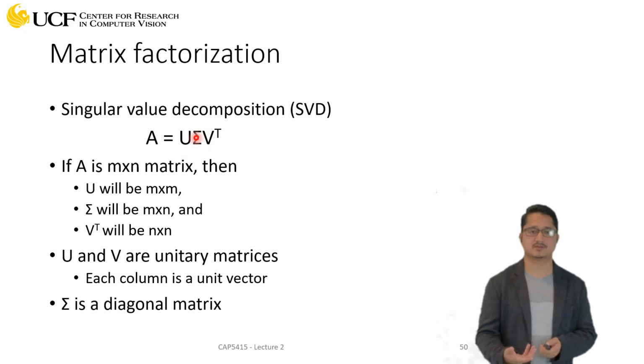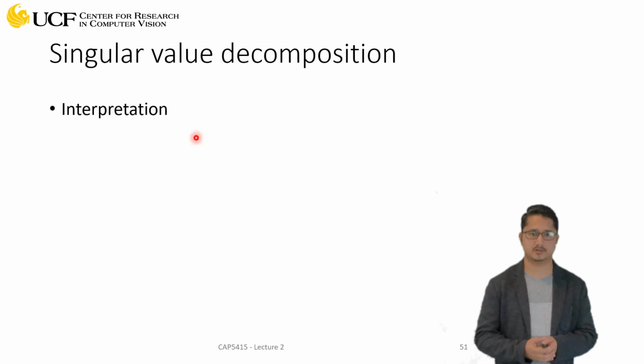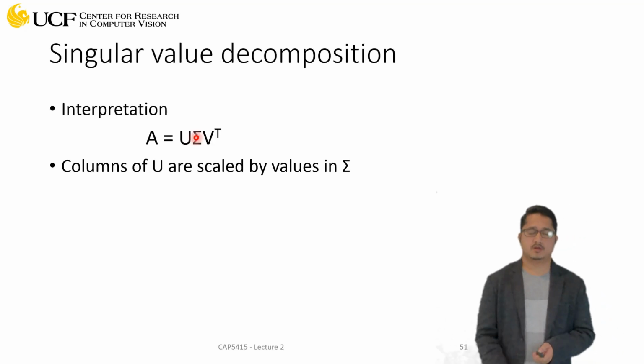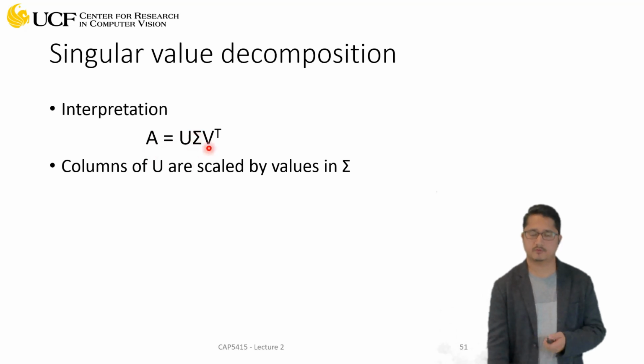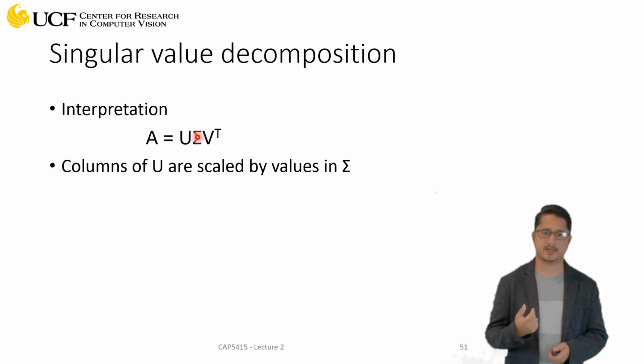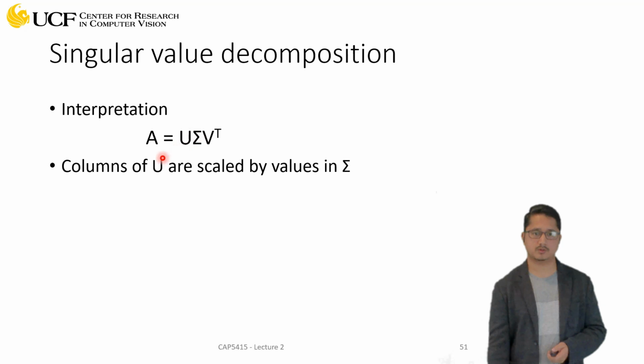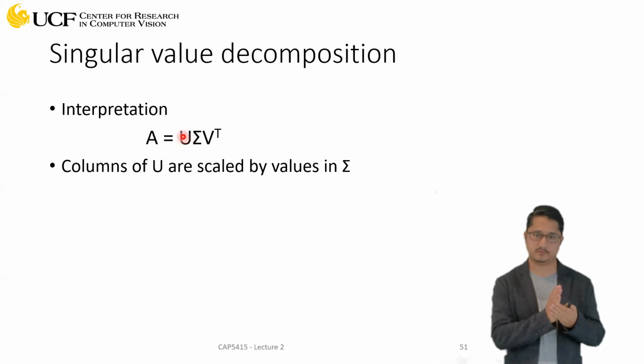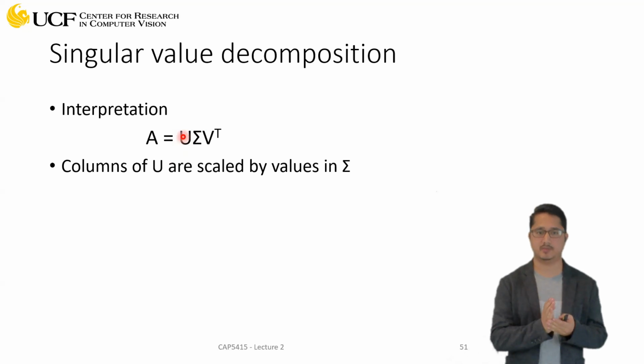Okay, so now let's try to understand why that's important and what the interpretation of such a decomposition is. Given a matrix, when you perform this kind of decomposition, sigma will have, as I said, all the diagonal values, and those diagonal values are used as a scaling factor for all the columns present in U. All these columns in U are unit vectors, and they are linearly independent.